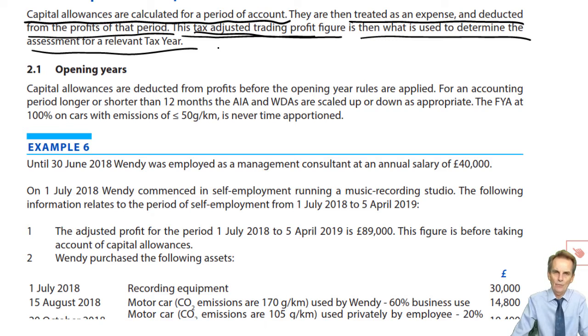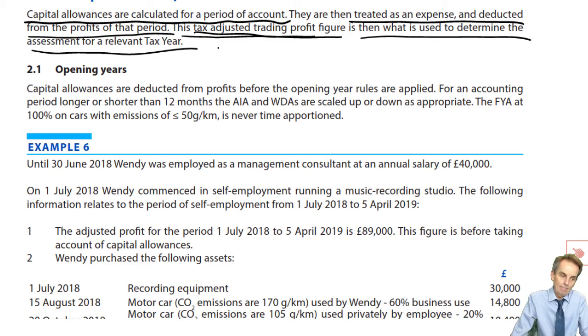It is the length of the period that dictates the level of writing down allowance and the AIA limit that is available to you, not the actual date upon which you happen to buy it. That doesn't matter. As long as the date is within that accounting period, the length of the period will dictate the level of AIA limit and, as we're talking about now, the amount of available WDA.